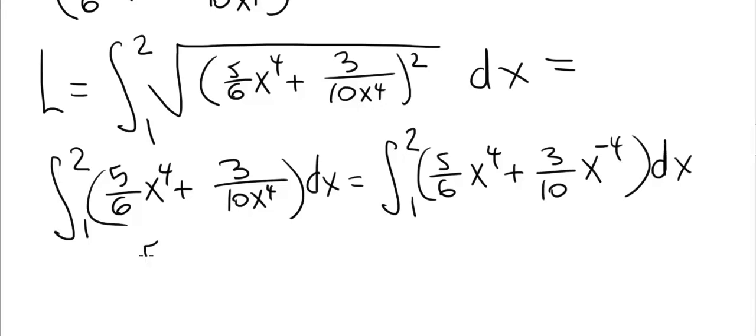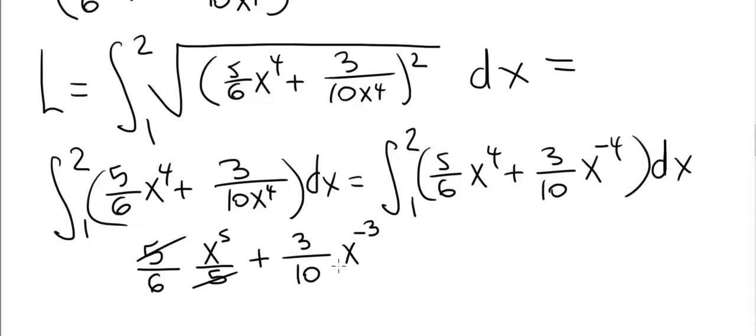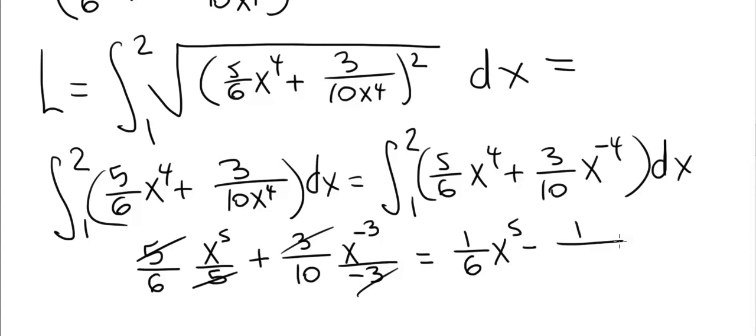So this is 5 divided by 6, and then we have x to the 5th divided by 5, so 5's cancel here, plus 3 divided by 10, and this will be x to the negative 3 divided by negative 3. So we can cancel the 3's, but minus stays behind. So we end up with this 1 over 6 times x to the 5th minus 1 divided by 10 x cubed, and that's evaluated from 1 to 2.